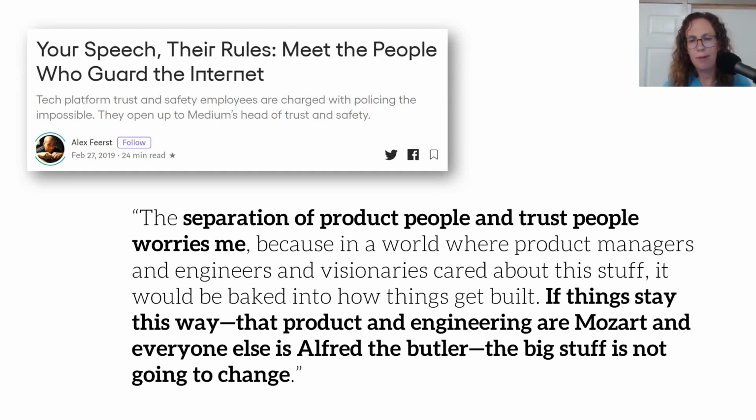And so at least two people in this talk about this idea of needing to better integrate trust and safety, which are often on the front lines of seeing abuse and misuse of a technology product, integrating that more closely with product and eng, so that it can be more directly incorporated, and you can have a tighter feedback loop about what's going wrong and how that could be designed against.